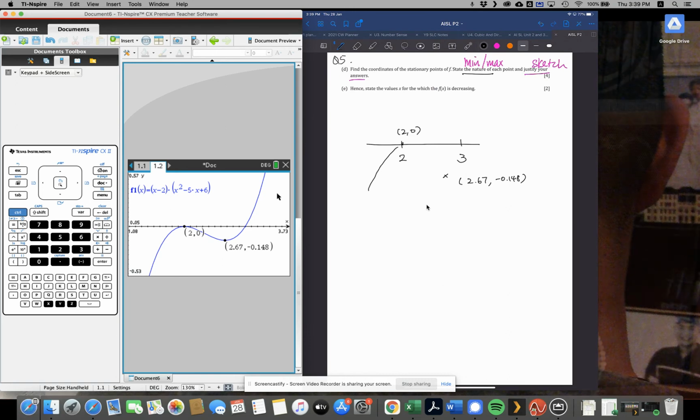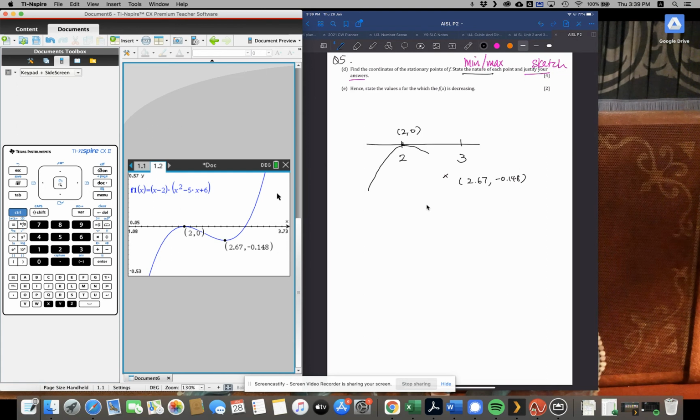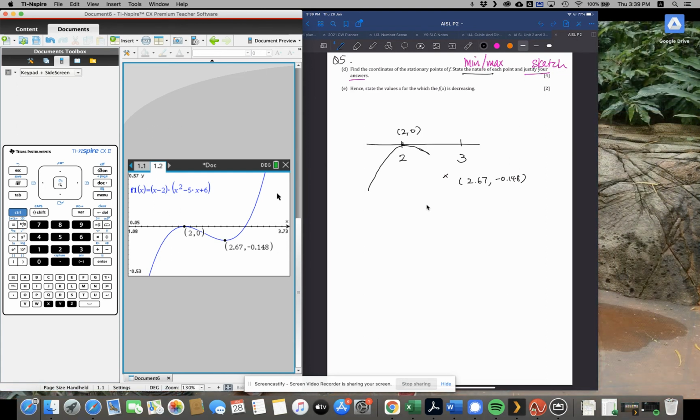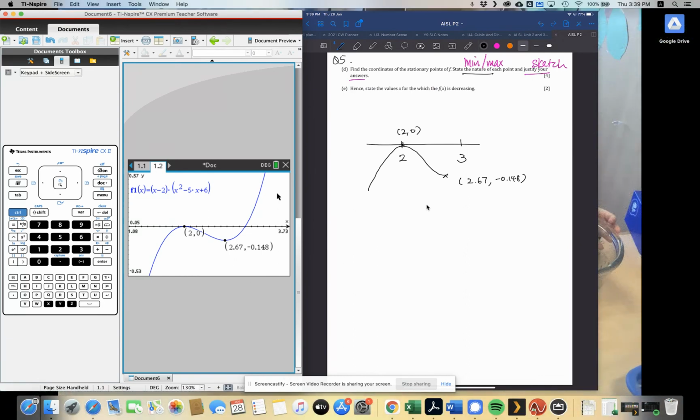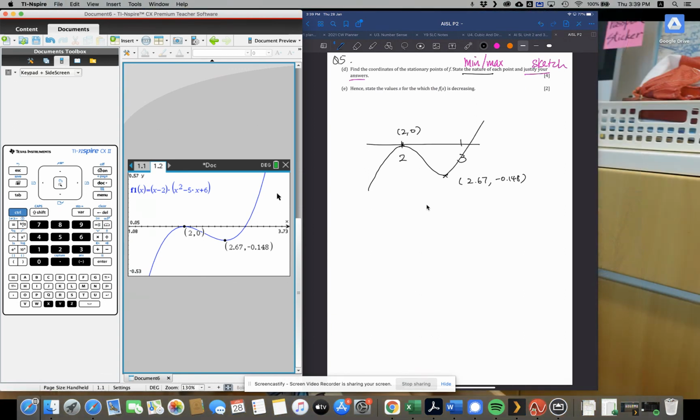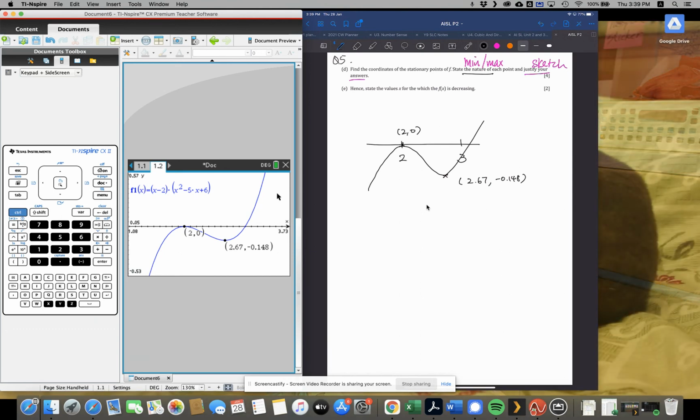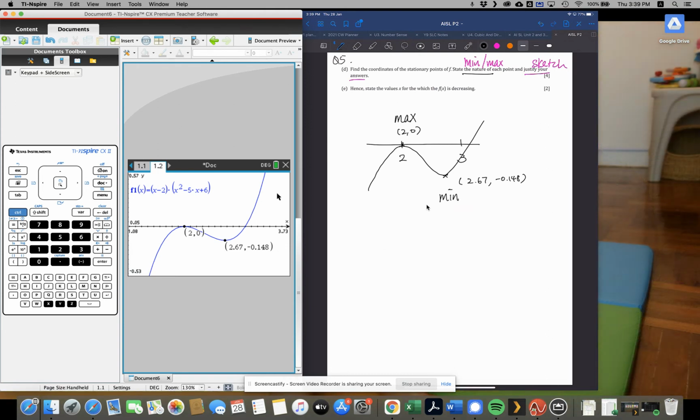You go up, and then down. Whew, let me try again. Down, and then probably this. So you find the coordinate points, and then you name it. This is a max, and this is a min. That's how you get your 4 points.